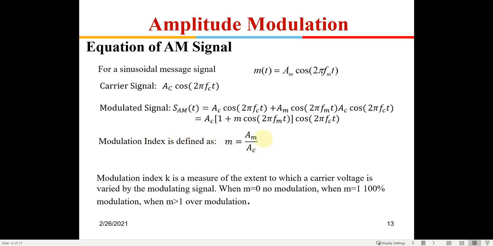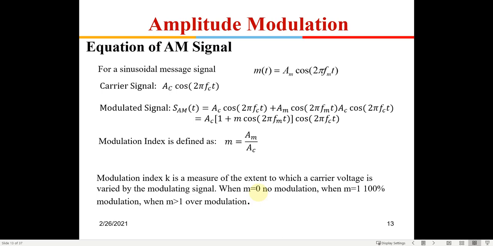So this is again an important parameter in amplitude modulation, given by Am, the amplitude of the modulating signal, and Ac, the amplitude of the carrier signal. Okay, so the modulation index m is the measure of the extent to which the carrier voltage is varied by the modulating signal.